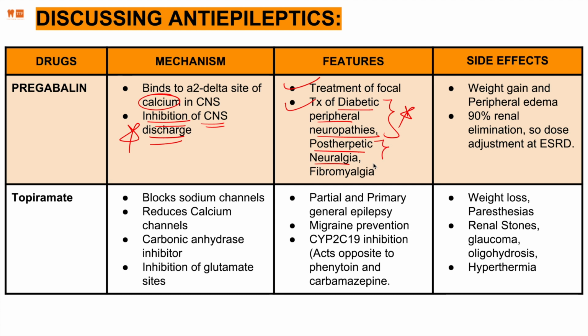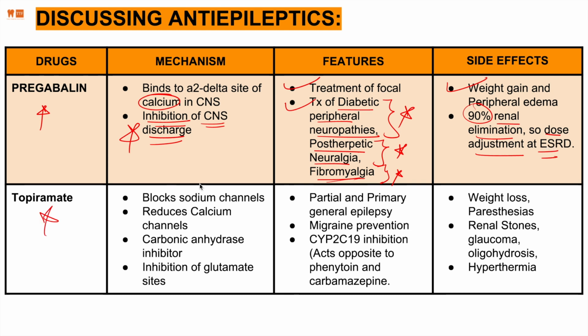Post-herpetic neuralgia, again very important. And fibromyalgia, also important. Pregabalin is capable of treating all three of these conditions. Side effects: weight gain, peripheral edema, and 90% renal elimination. So again, dose adjustment needed during ESRD.